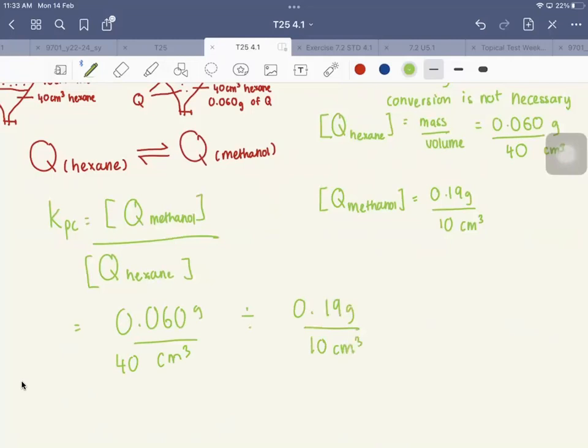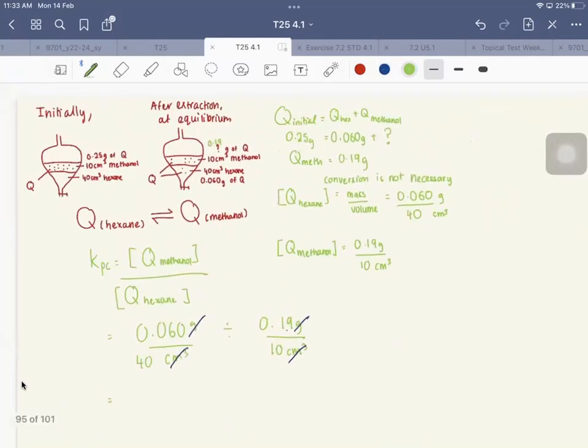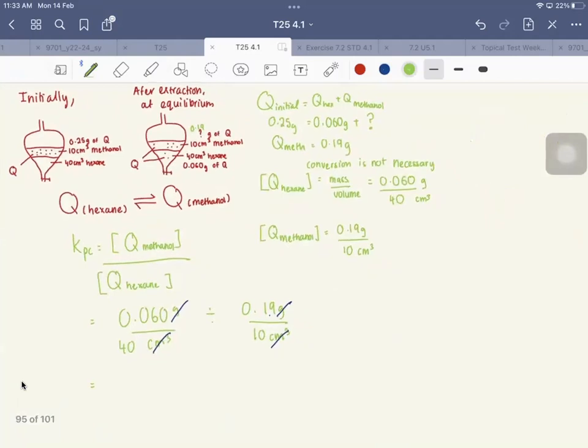Okay, so you can see that they actually cancel out, so it doesn't matter the unit here, okay, as long as it's either mass or mole over the volume. Okay, can you work out the calculation for me and then share your answer?